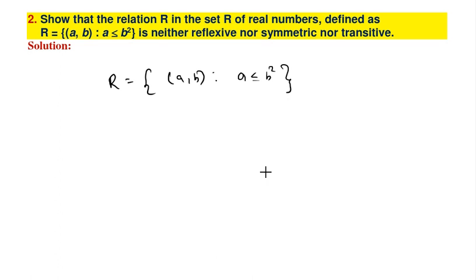So we have to show that the relation is not reflexive, not symmetric and not transitive by giving a suitable example. By giving suitable examples, we can show all this. So what to do? First, we'll discuss reflexive.